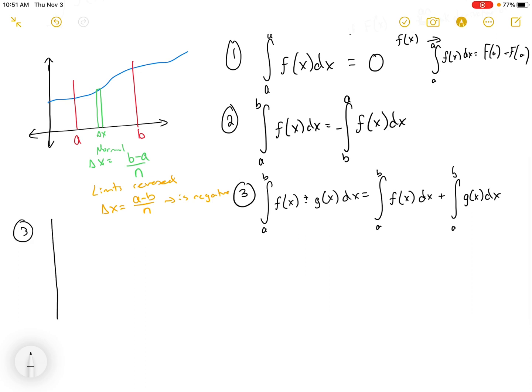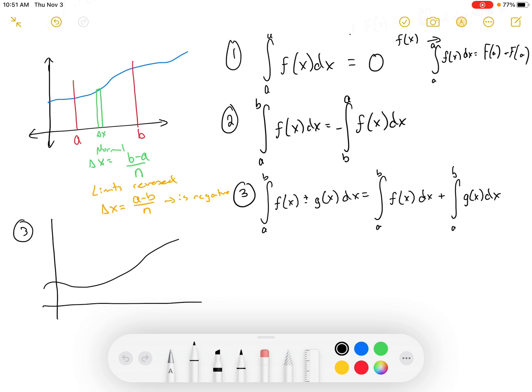So here's my illustration for 3. If I have some curve here, maybe this guy, that'll be f, and then g, maybe g looks like this. Okay, well, at each spot, and again we're between some a and some b, I could add up the value of the function if I want to find f plus g.